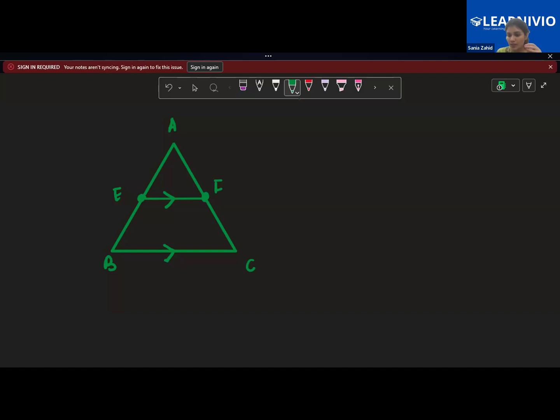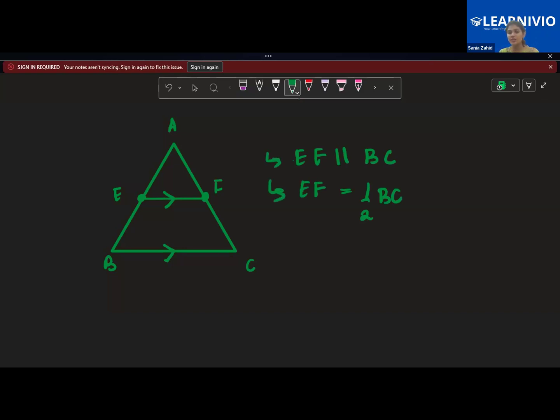The line obtained on joining the midpoints of two sides of a triangle is parallel to the third side and is half of that side. That means EF will be parallel to BC and EF will be half of BC.